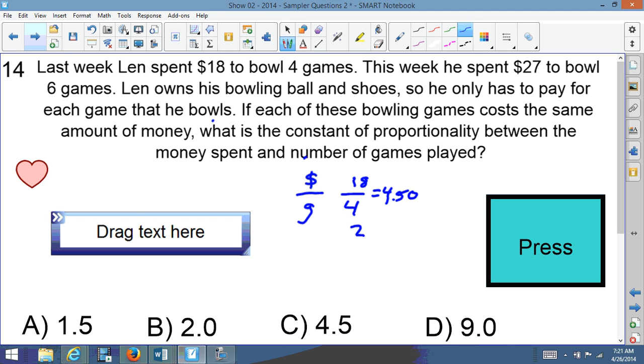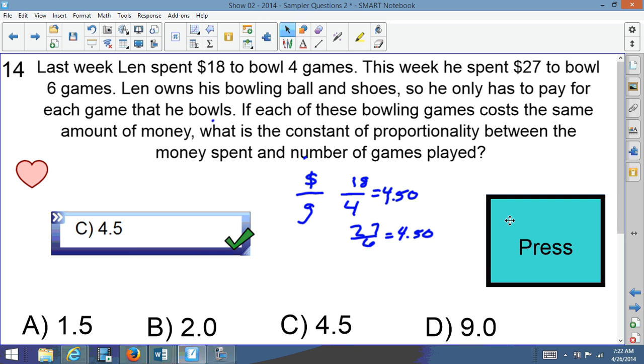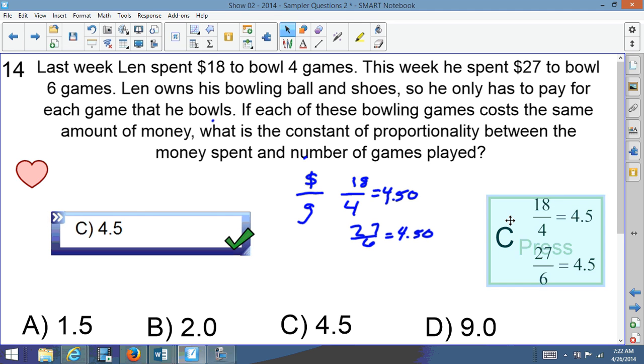And if it's $27 for 6 games, that also gives us $4.50. So the constant of proportionality, or the cost of each game, would be $4.50. So let's drag that up, and that's our correct answer. So C would be the correct answer.